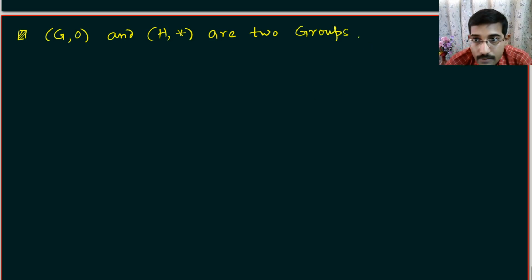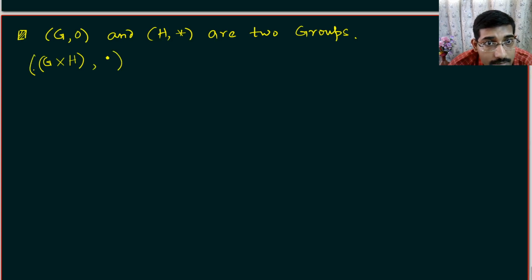Now when this is the case, I can define a binary operation over the G cross H set.